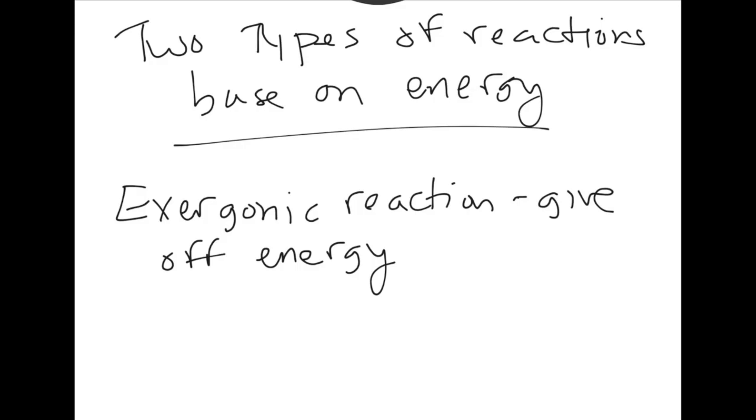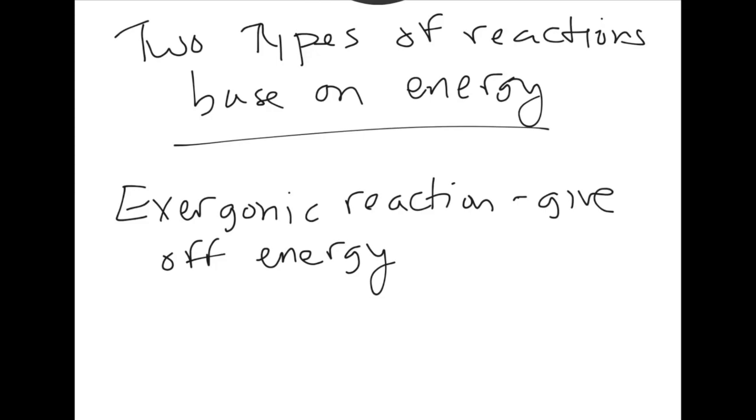These are akin to exothermic reactions, but we're not just worried about heat, we're worried about all forms of energy given off. At the start of organic 2, you're going to make luminol, right? The energy that's given off when luminol reacts with iron is in the form of light. It's still an exergonic reaction. It's still giving off energy, but it's not giving off heat, right?